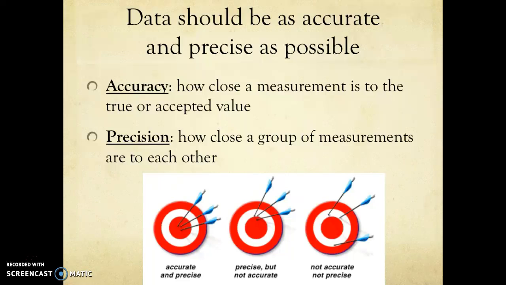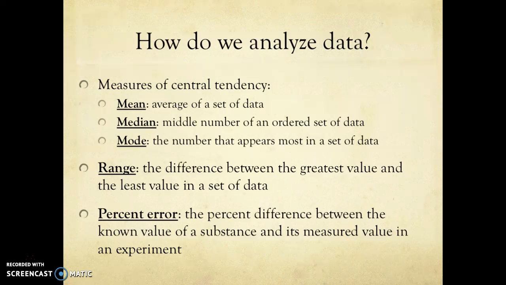That's a very small window of measurements, so they're all very close to each other, so that would actually be a very precise set of data. All right, we've got quite a bit of vocab on this slide.